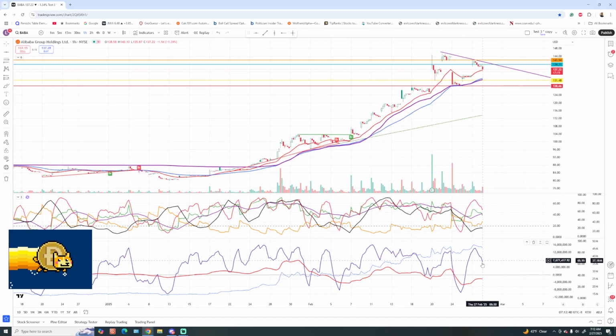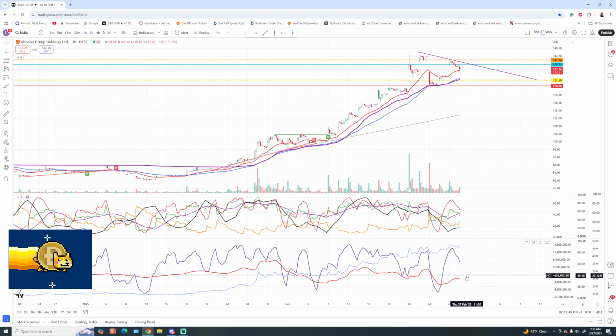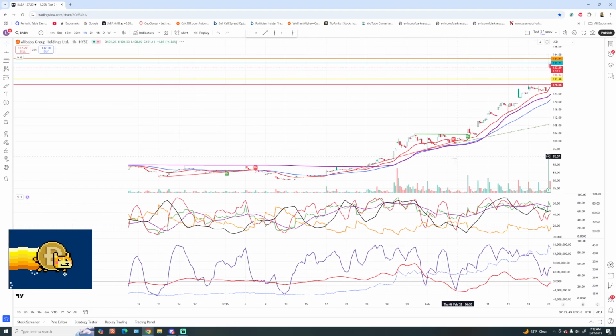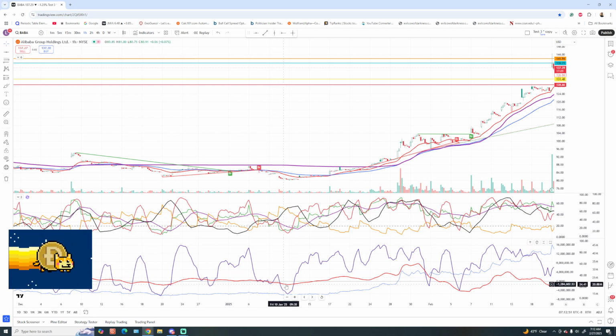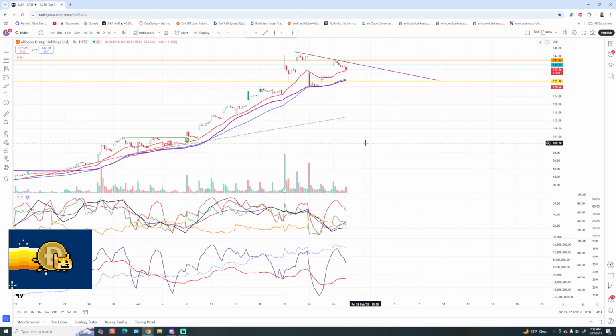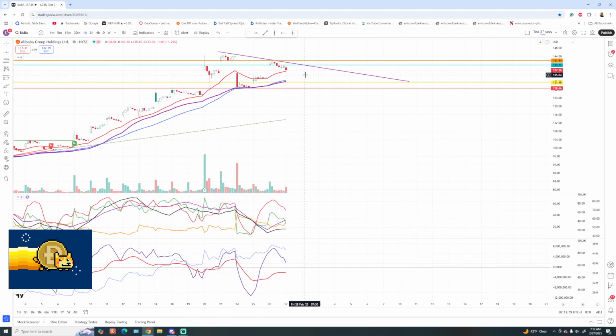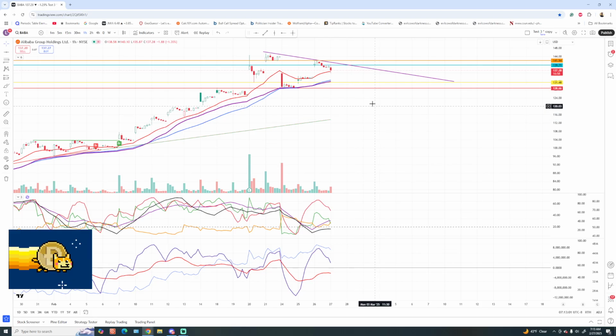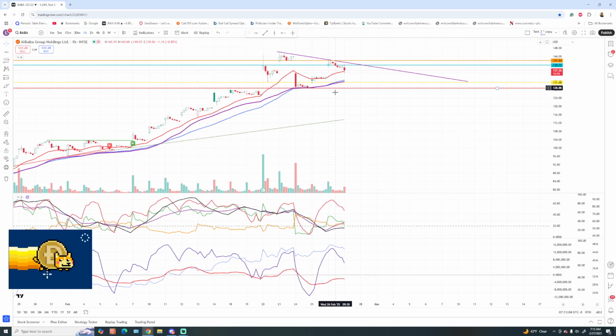I do want this hour right here to seep down a bit more, just for better verification, because normally once this crosses, that's generally when we get these heavier downtrends. So right now, I didn't go too much on this one.